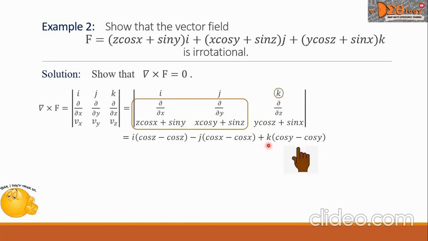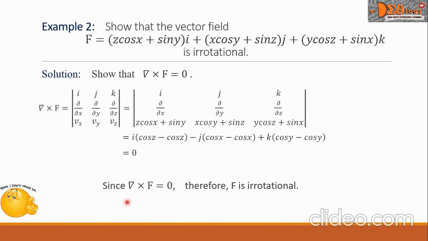Plus, now for component k, we copy it here, then multiplied first by the partial derivative of this function with respect to x, and we have this cosine y minus partial derivative of this function with respect to y, and we write here cosine y. Now, if we simplify this, we will find out the answer is 0.